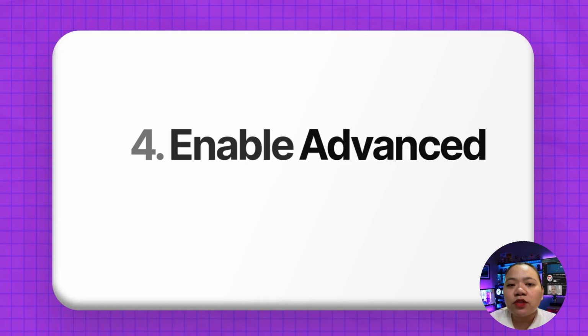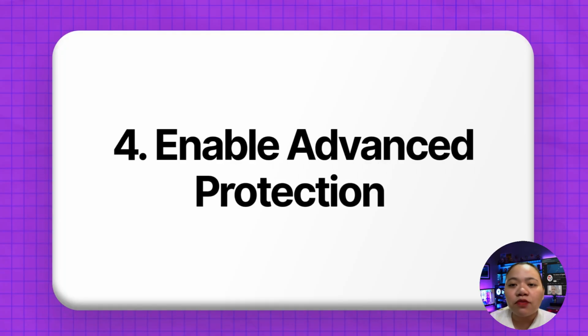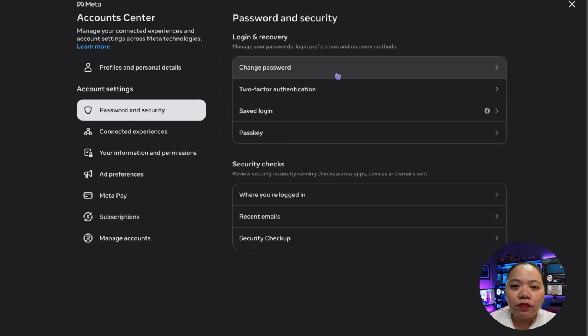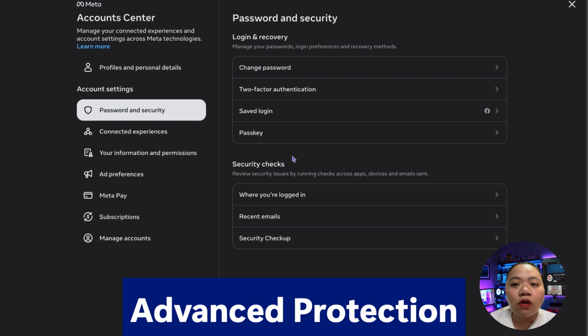Step 4 is to check if advanced protection is available on your account. Inside Meta Account Center and under Password and Security, look for the security options and see if you have one called Advanced Protection. If you see it, click on that.